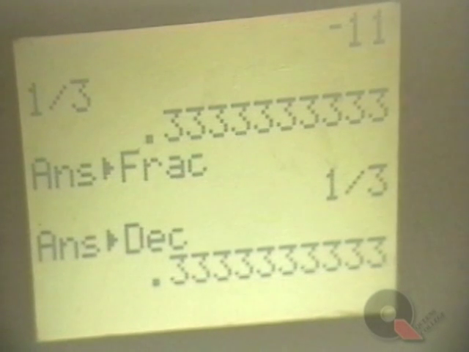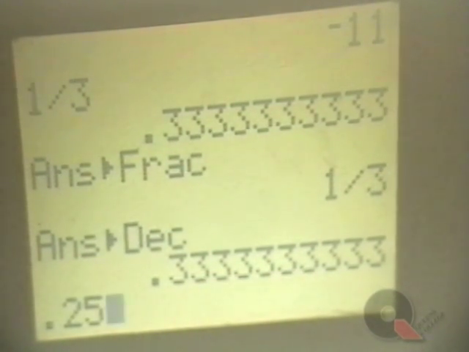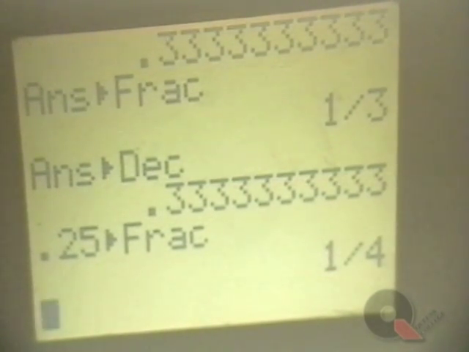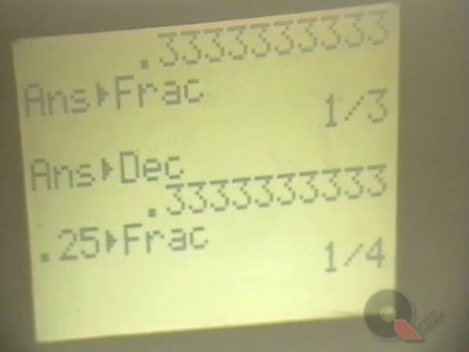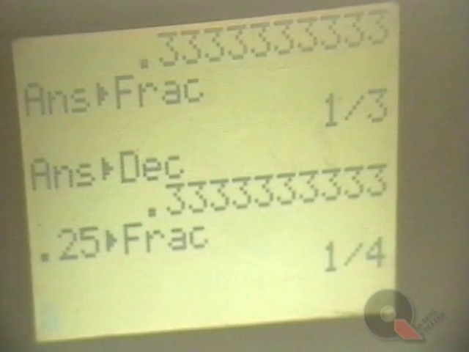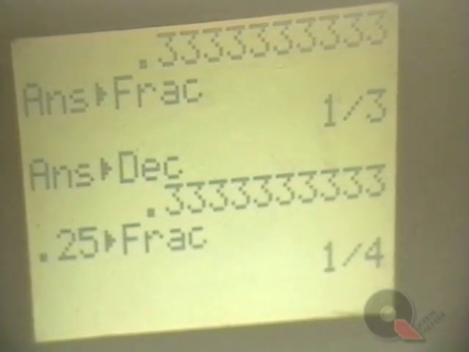For example, if I punch in 0.25, okay, I've worked out a problem. I have 0.25. If I hit the math key and then fraction and enter, it tells me that the equivalent fraction is 1/4. This is convenient if you're working out a problem, your answer doesn't quite look like the one in the back of the book. You may be able to change from fractions to decimals using the math key.